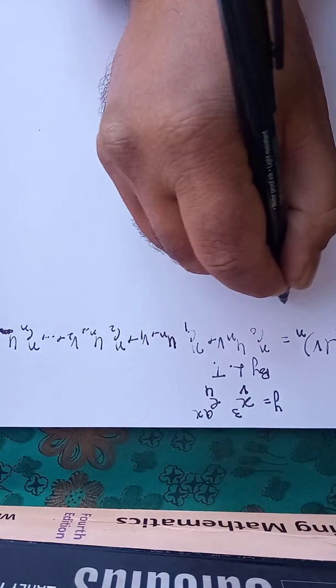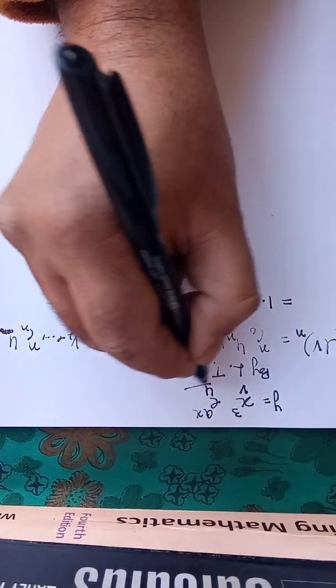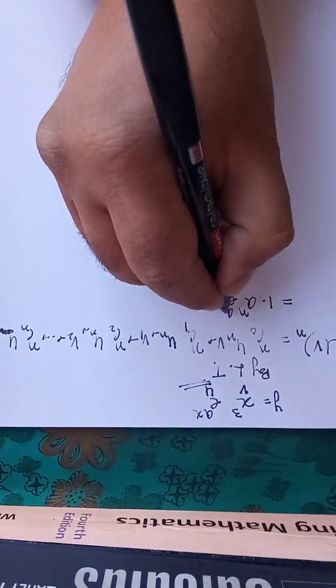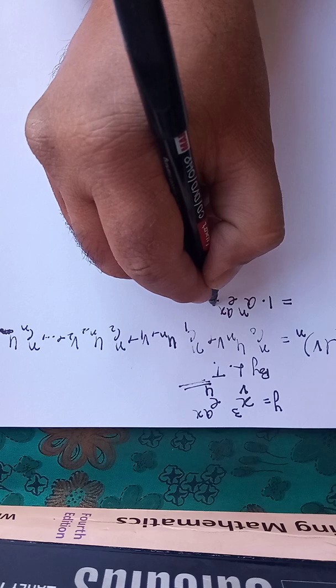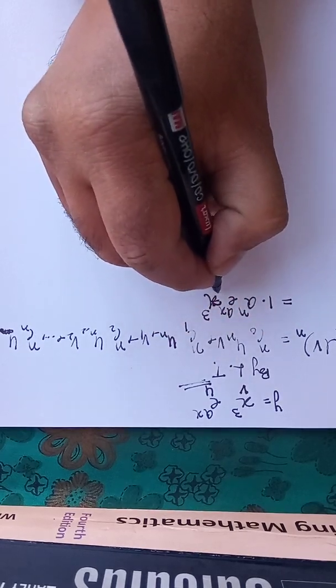Now nC0 is 1, un, the nth derivative of u, is a raised to power n e to the power ax, and v as it is, which is x cube.